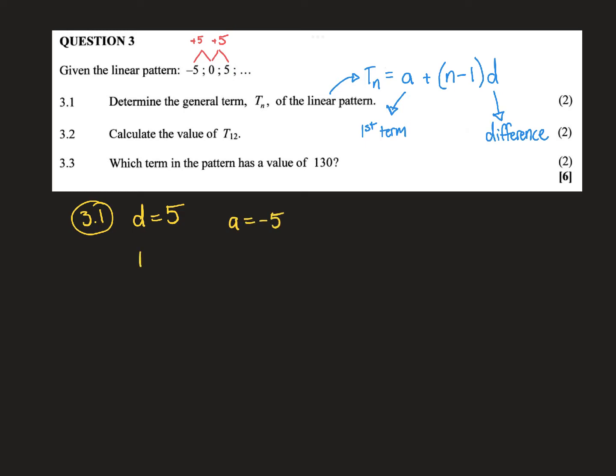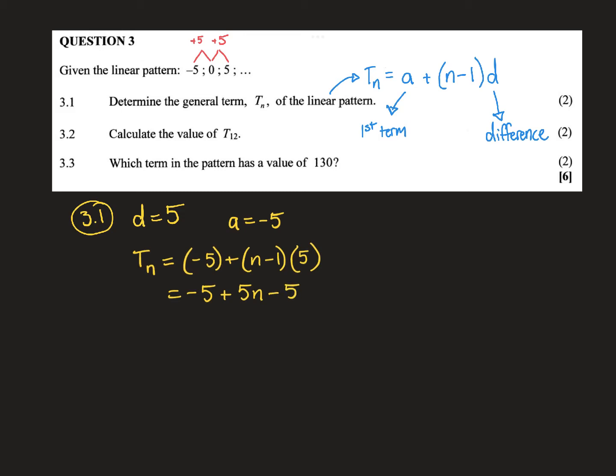So now it's just a matter of substituting it in. Tn is equal to, instead of A, we're going to put -5, and then plus n minus 1 times D, which is 5, and we're going to multiply out the brackets so that we've got -5 plus 5n minus 5.